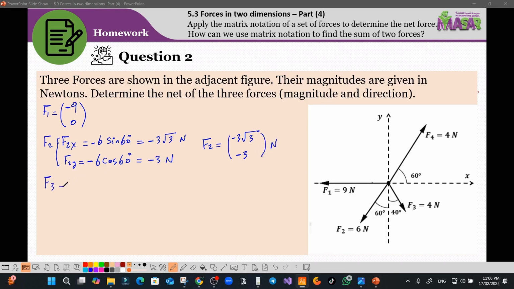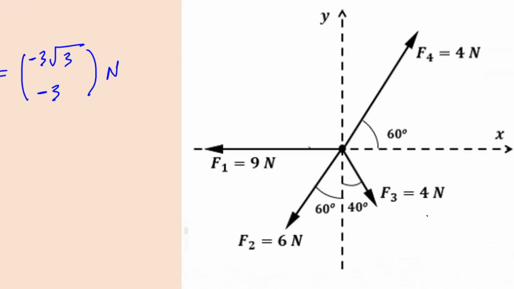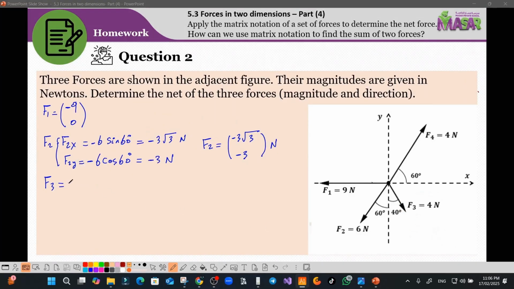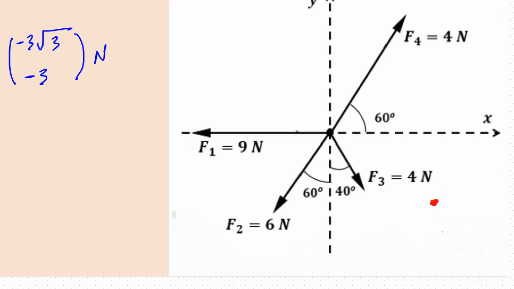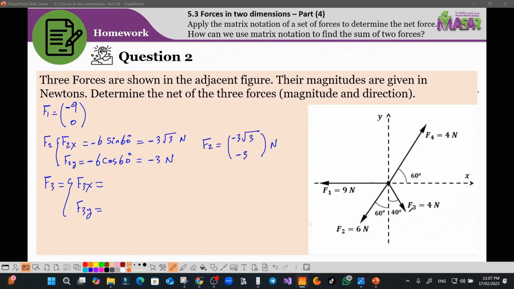Now what about the F3? As we can see here, the angle is with respect to the y again. So the cosine should be applied for the F3y. So F3x and F3y. For the F3x, it's going to be sine, and here we can apply the cosine. What about the signs or the directions? Now F3 is to the right for the F3x and downward for the F3y, which means the minus can only be found in the F3y.